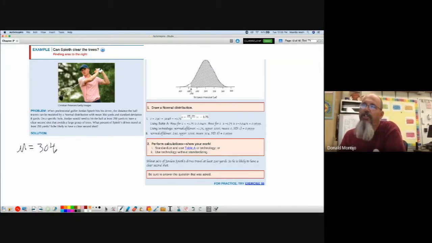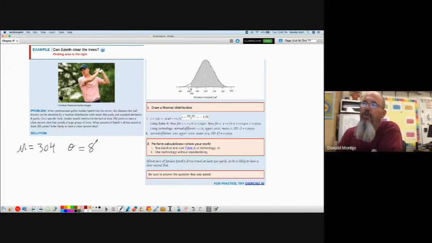So on average, his mean length of a drive was 304 yards, and he has a standard deviation of 8. Notice I use mu and sigma here because this is the population. This is for all of the drives that he's hit. So the mean of all his drives is 304 with a standard deviation of 8.